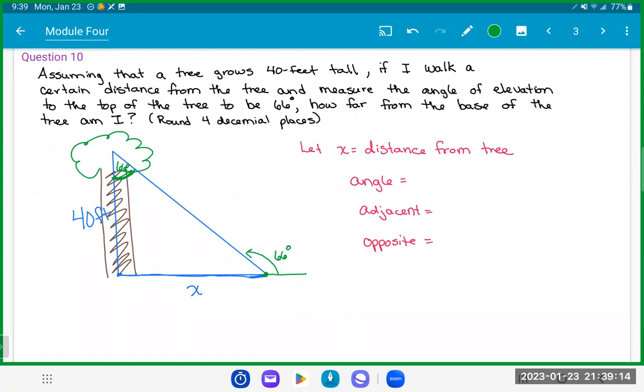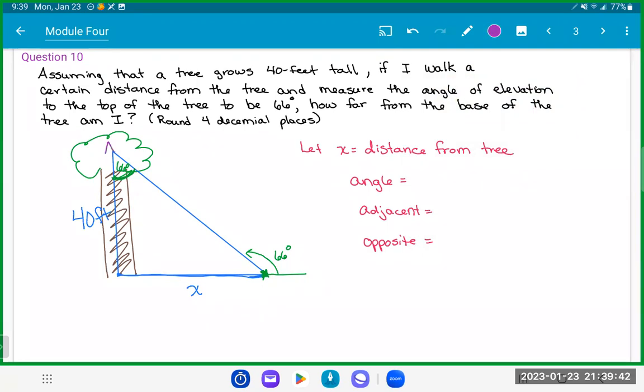So we want to know, though, how far from the base of the tree am I standing? So if I'm standing at this green dot here, how far am I from the base of that tree? Okay, so what we have is an angle, so let's do the angle.